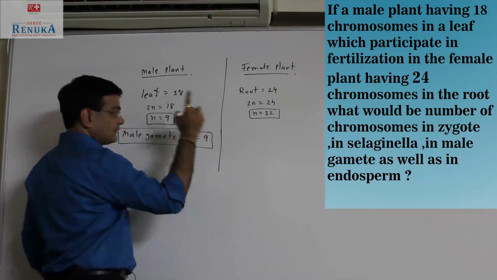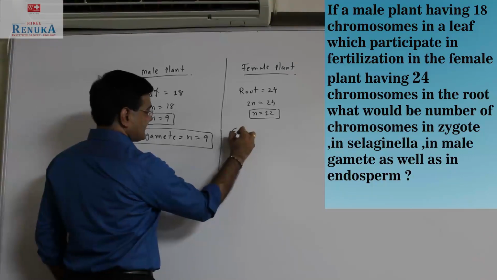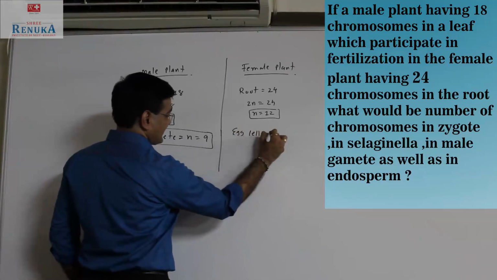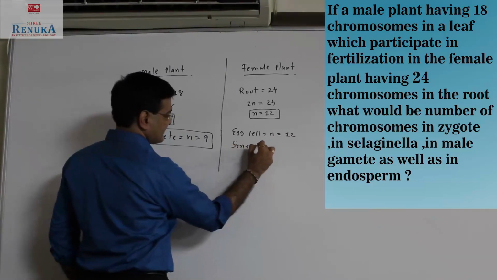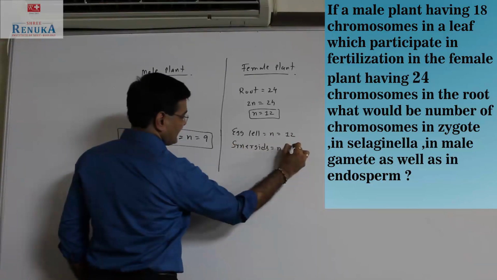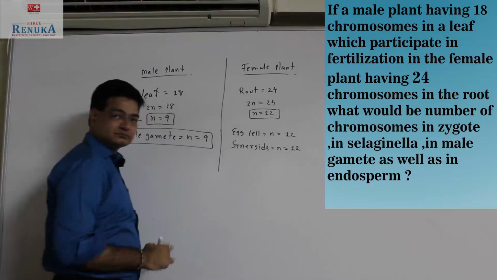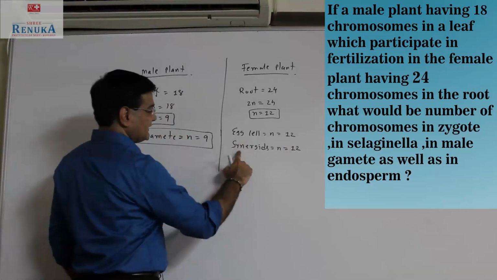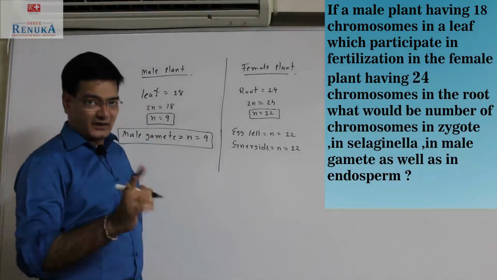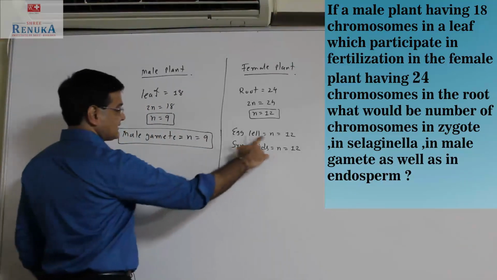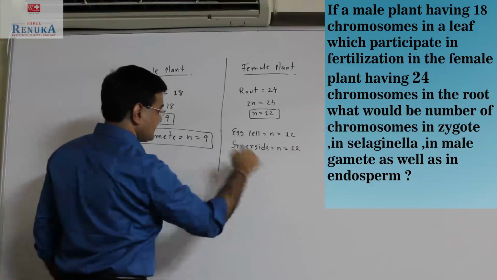And now in the female plant, the egg cell which is haploid having 12 chromosomes, synergids again n having 12 chromosomes. Is it clear? Egg cell, synergids are the haploid cells present in the embryo sac, as I told earlier. And so it is n is equal to 12 in the case of female plant.